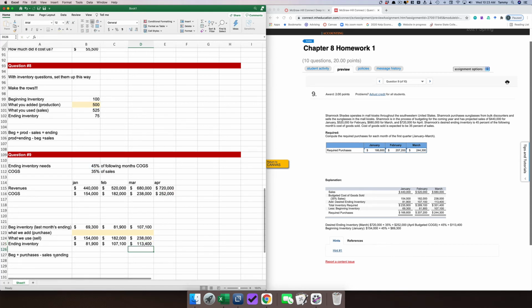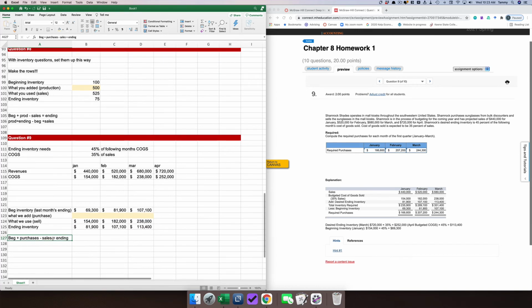Okay. And so again, just as we did up here, if the beginning inventory plus the purchases minus the sales equals the ending inventory, then our purchases have to equal our ending inventory minus the beginning inventory plus sales.